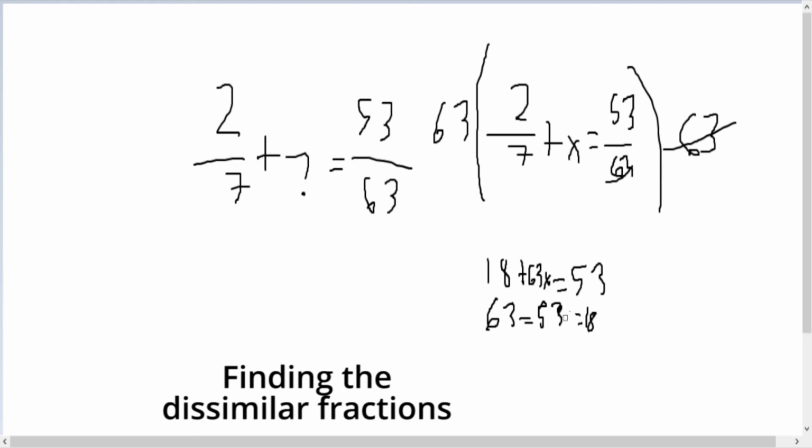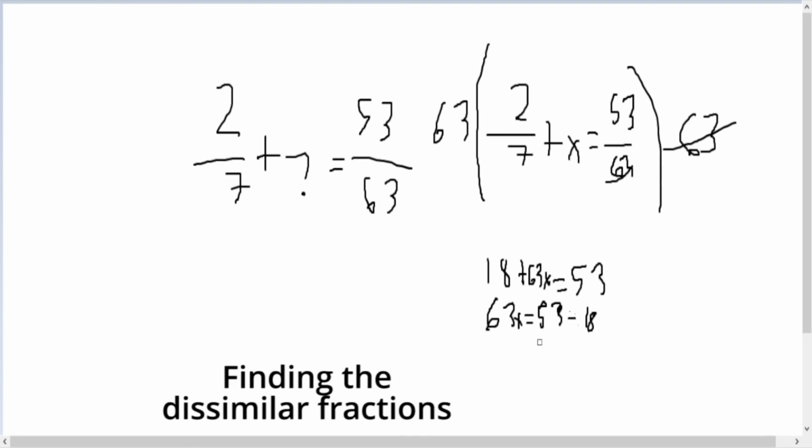I mean, this one is the 63x. There we go. 63x equals 53 minus 18.